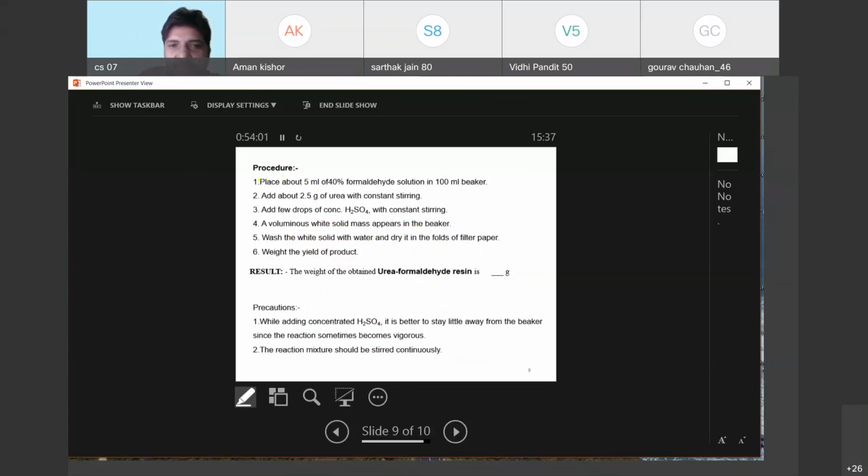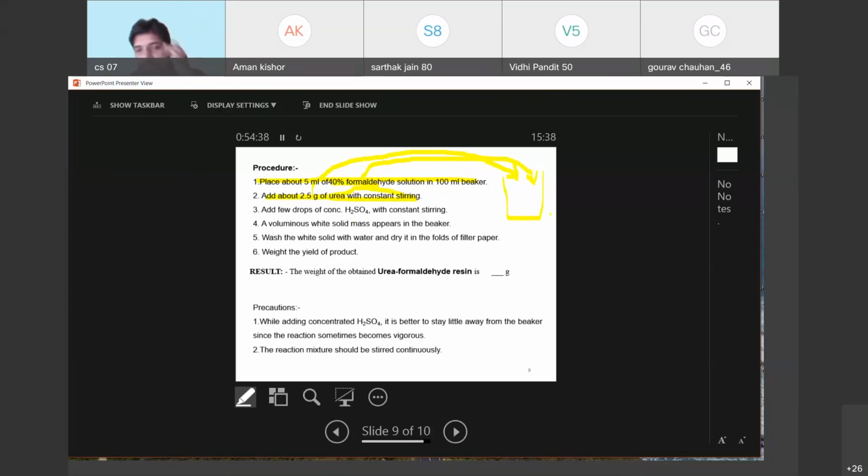So it's very simple. Requirements, you can see the procedure and the chemicals that you see and the operators that you see, you can write in place of requirements. Okay, so what we will do, we will take a beaker, and in that beaker we will add 40% formaldehyde, 5 ml, and after that we will add 2.5 gram of urea into this beaker.